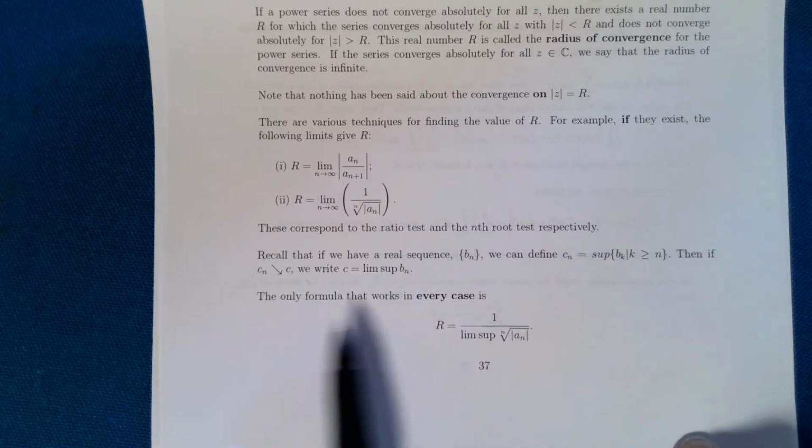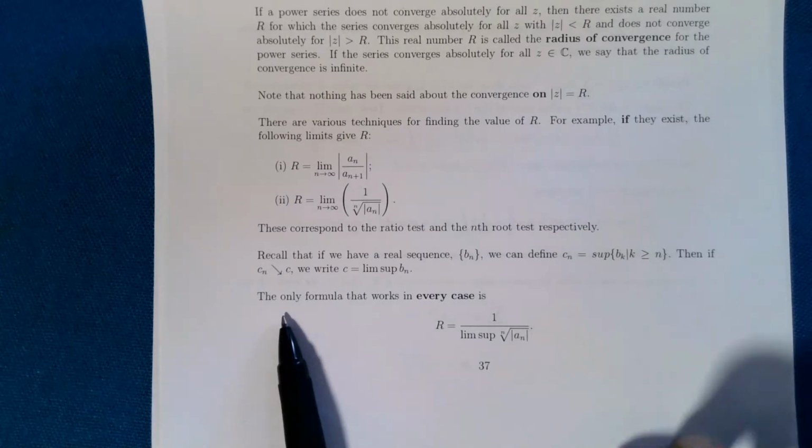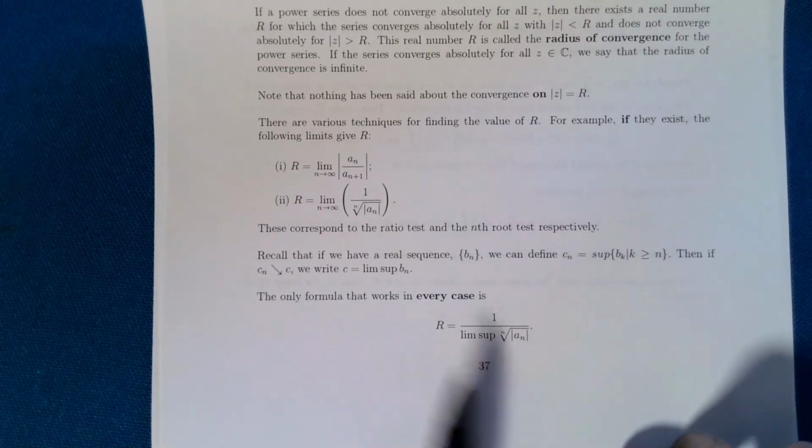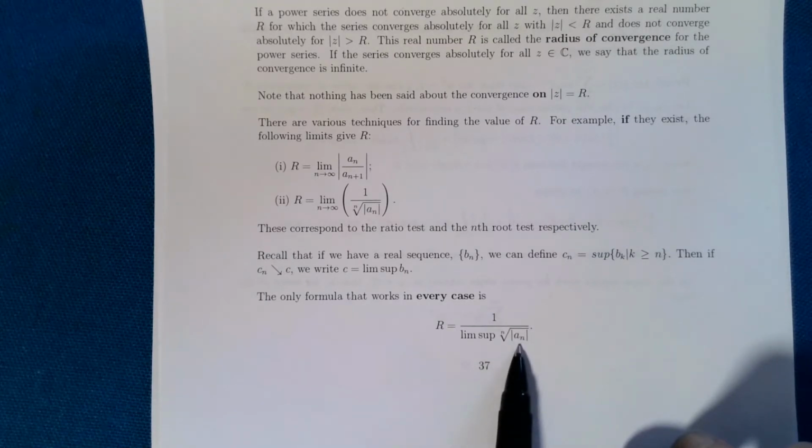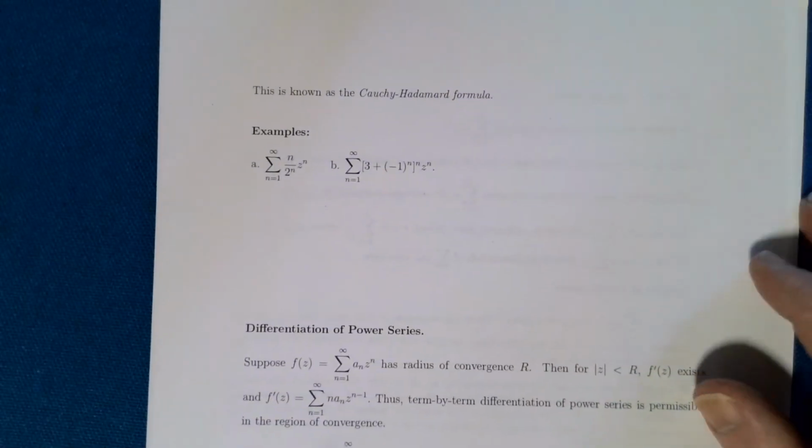Now, one formula that works in every case is this formula for the radius of convergence, which is 1 over the lim sup of the nth root of the modulus of a sub n. This formula is sometimes known as the Cauchy-Hadamard formula.